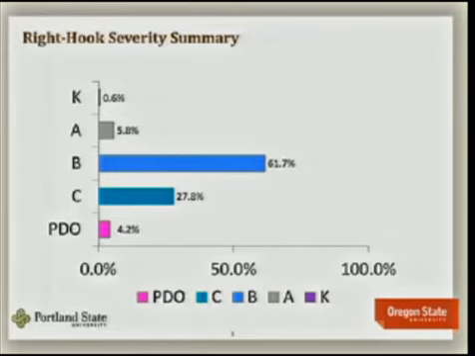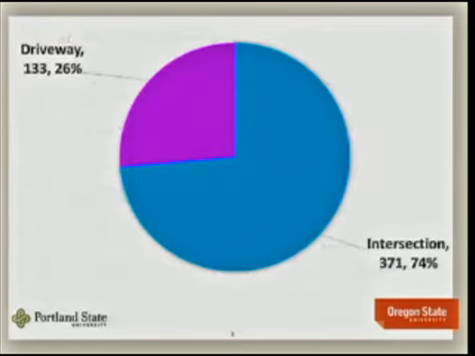This is on the KABCO scale, where K is fatality and A is severe injury. There are some of those, but they're relatively few. Some people have called the right hook crash the rear-end crash of the bicycle world. But there are a lot of them, and when they do happen, if they involve large vehicles, that's where the fatalities sometimes arise.